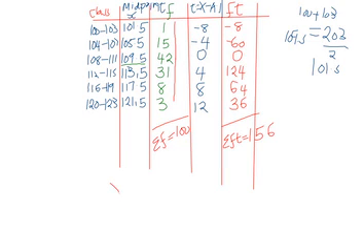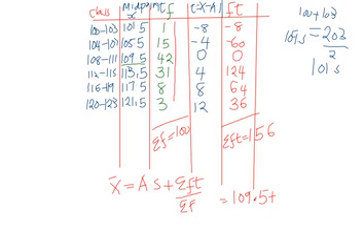So to get the mean of this given data, we'll take our assumed mean plus the summation of ft divided by the summation of f, which will be equal to 109.5, which is our assumed mean, plus our sigma ft is 156, so we divide by sigma f, which is 100.